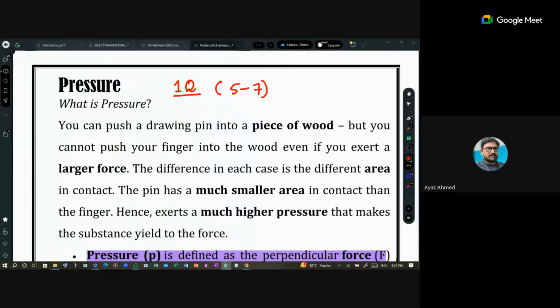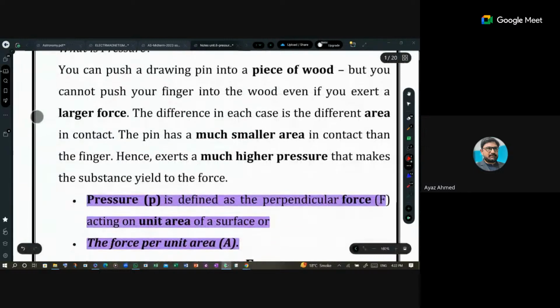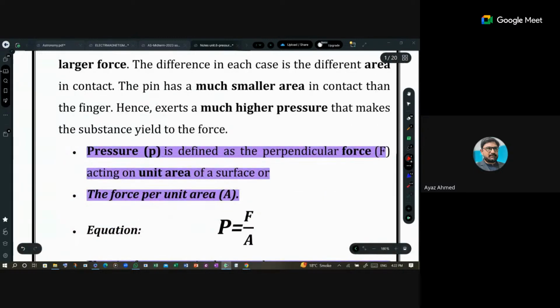So, what is pressure? Pressure is how much force is being applied per unit area. When we talk about pressure, it means how much force we apply on a unit area of a body. So its unit is Newton per meter square.